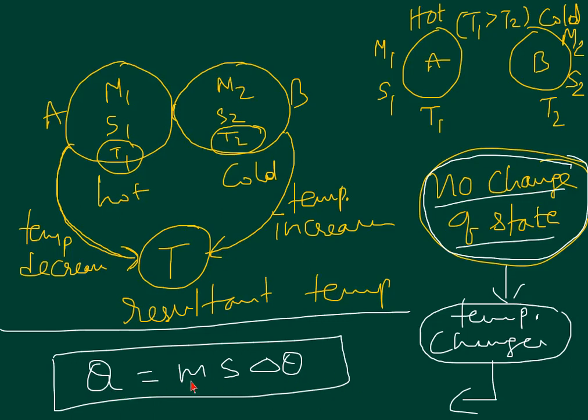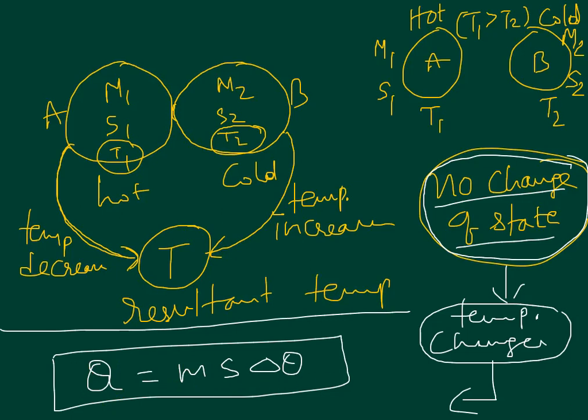Already we came to know there are two formulae: one is Q = ms delta theta, the other is Q = mL, latent heat, which applies during change of state. But now we are discussing no change of state, only temperature changes, so we selected the heat energy formula as ms delta theta.